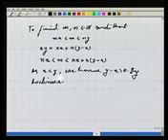Correct? Because y minus x is a positive number, 10 is a given real number, then by the statement of Archimedean property, there is a natural number n such that n into y minus x is bigger than 10. But this in turn implies that nx plus n(y minus x) minus nx is bigger than 10.